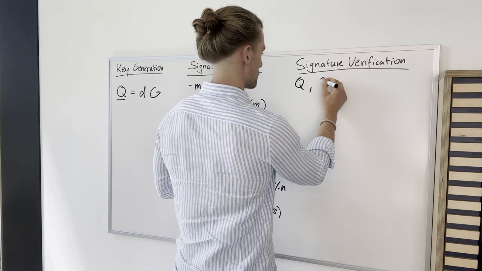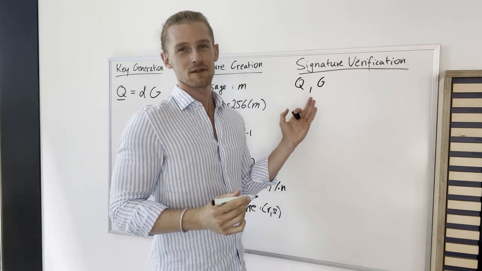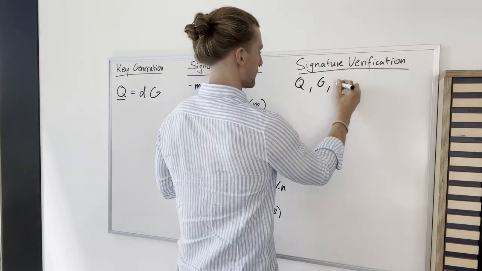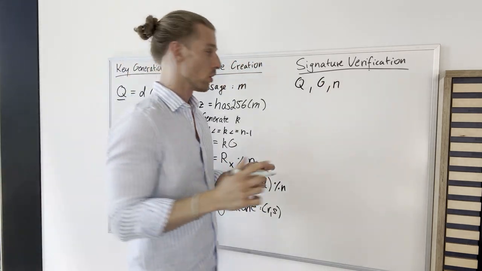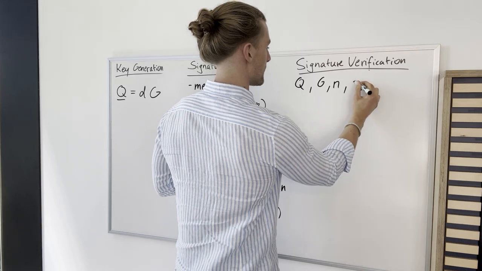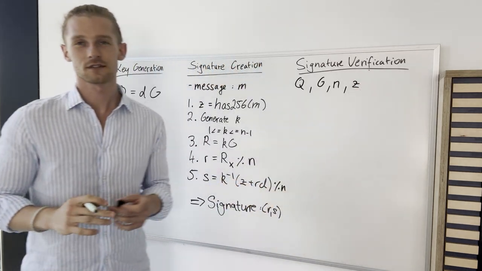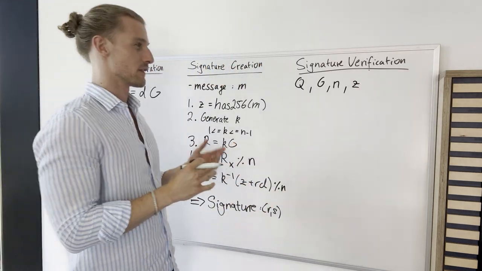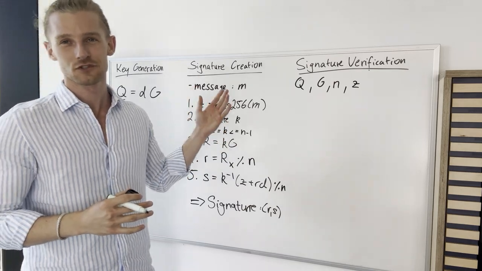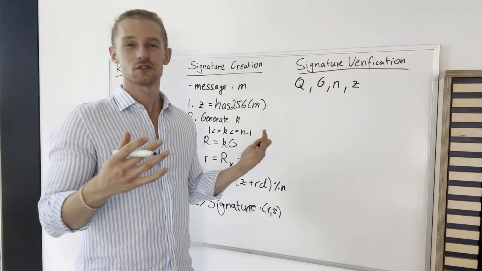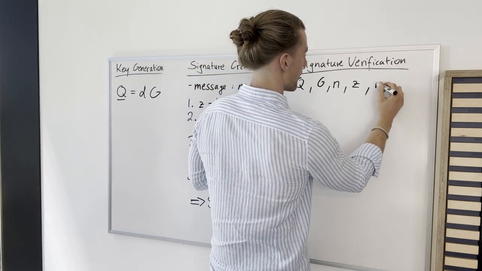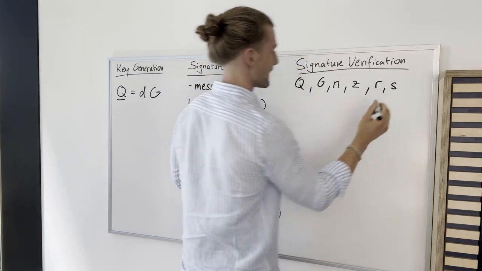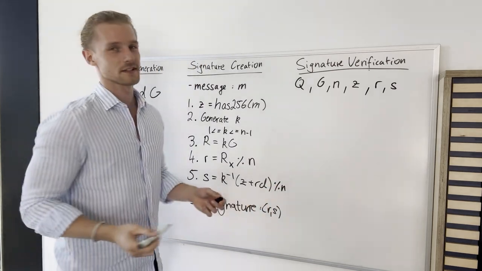In this case, we know the generator point G, that's the same for everyone. And we also know the order of this point N. We also know Z, which is equal to the hash of the message, or the double SHA-256 of the transaction that is being sent. And we also have R and S from the signature.